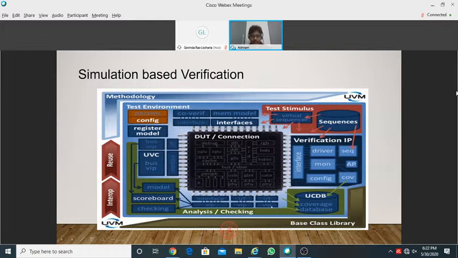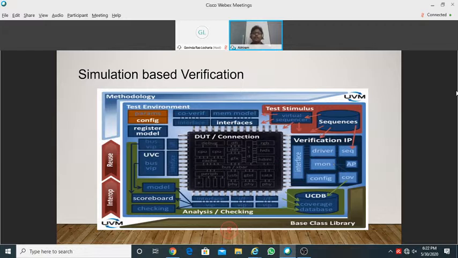And just to explain here what a VIP is. A VIP is the verification IP, which has a few other components like driver, monitor, sequencer, and a few other things. So basically, combined, all these blocks will give you the corresponding packet.